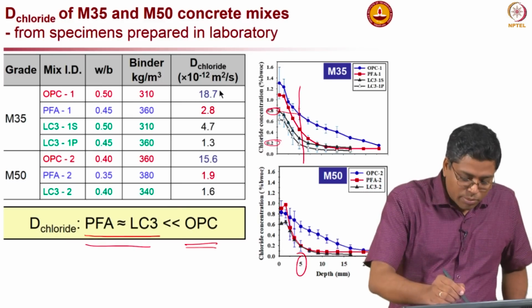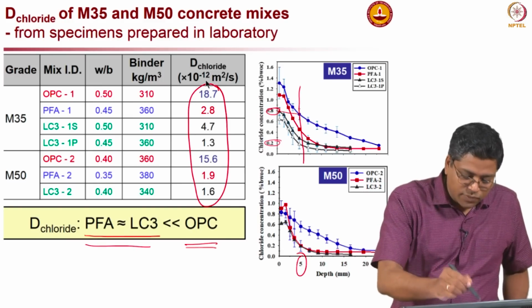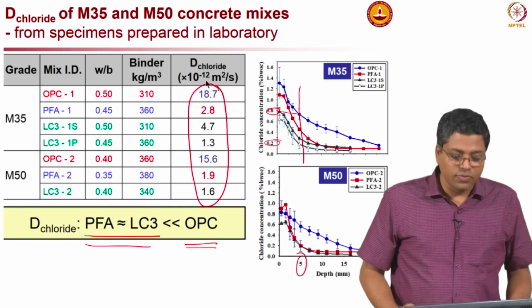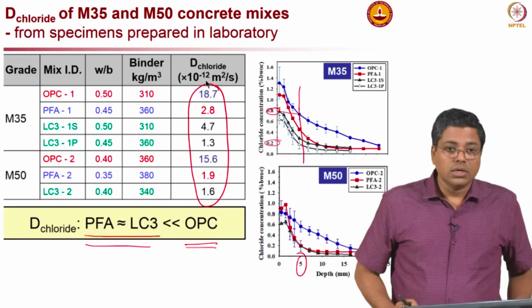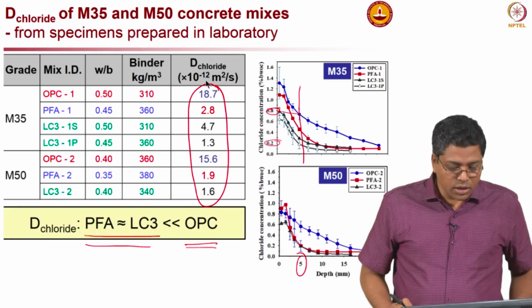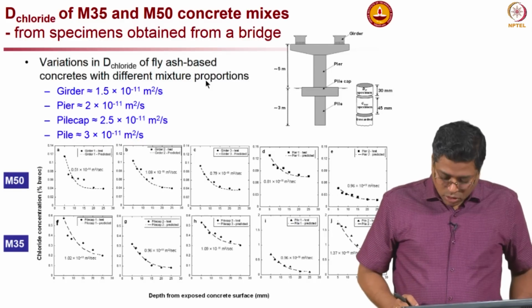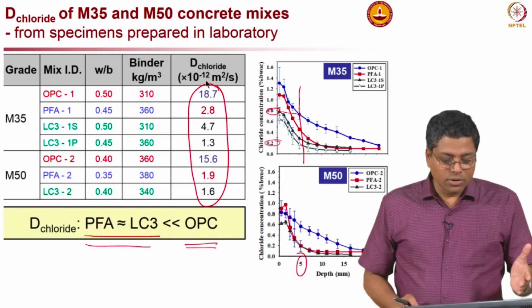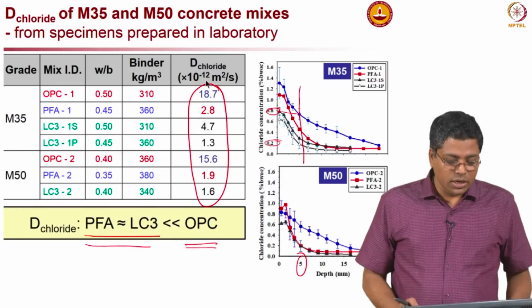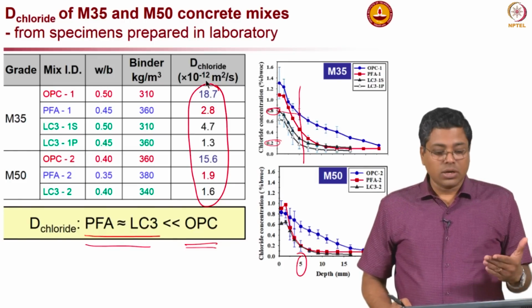These are the diffusion coefficients which can be used for predicting the service life. Now, I will show, because all the time you cannot really determine things in the laboratory or prepare the concrete in the lab.